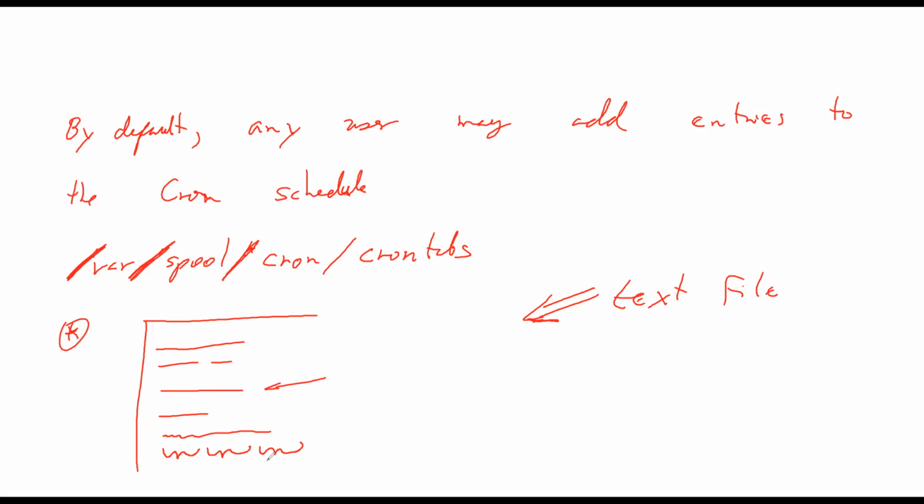So now that we've talked about this, the next step is we're going to define a cron entry. How does one work? We're going to define how to write one of these.